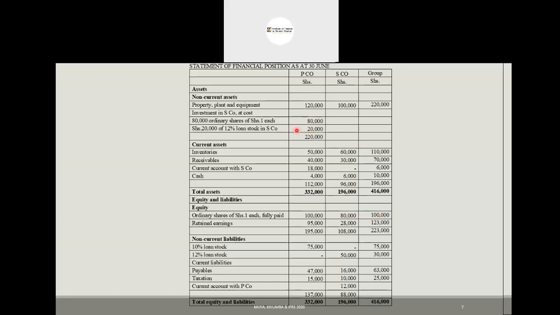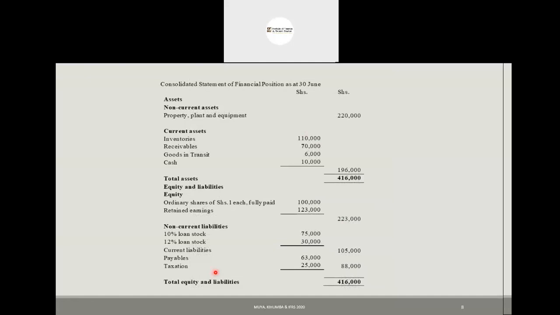Then the loan stock cancelled out and therefore we would have a liability. Then we add up the other figures. And when we finally present our financial statement, we'll end up with something like that. Some need to work.